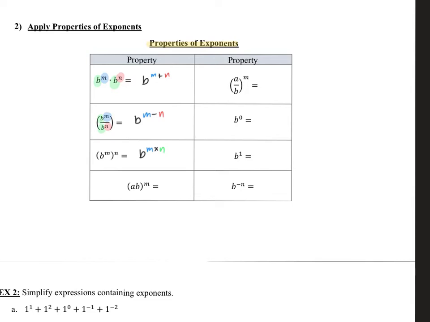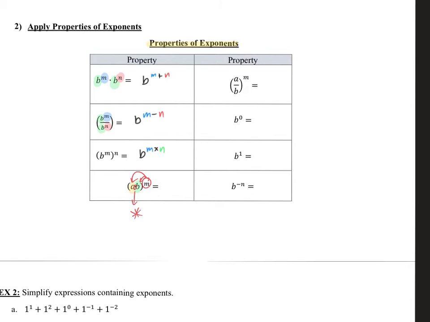Alright, and the next one we have, well, we have a new guy in this game. We've got a. So we have a and b, they're different. But notice they are being multiplied together, and they're being raised to the same power. So we can call this sort of the distributive rule of exponents. It only works if we have multiplication.